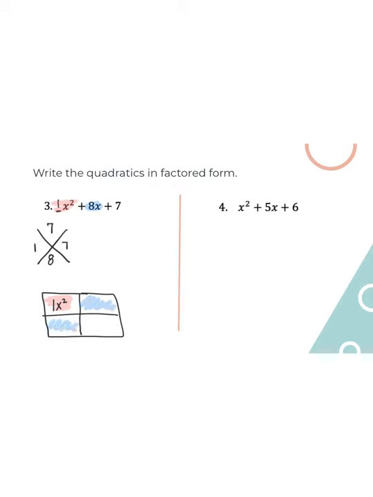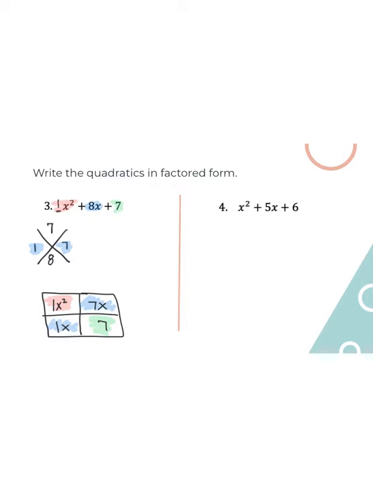And we're getting those from this number and this number. So I'm going to say 1 and make sure to put an x on it and 7x on it. Okay, and then I get my third one from my C value. So this is just going to be a 7.